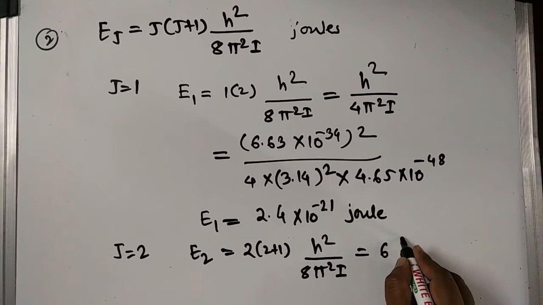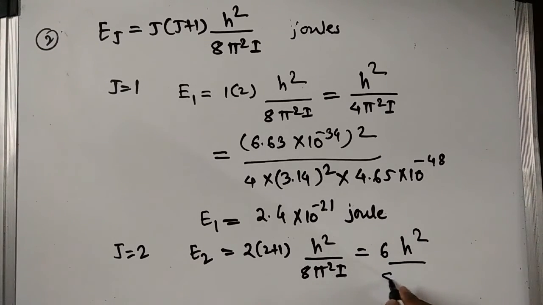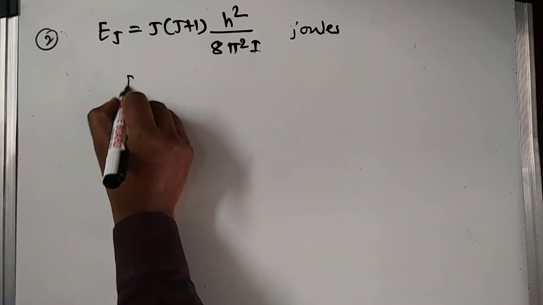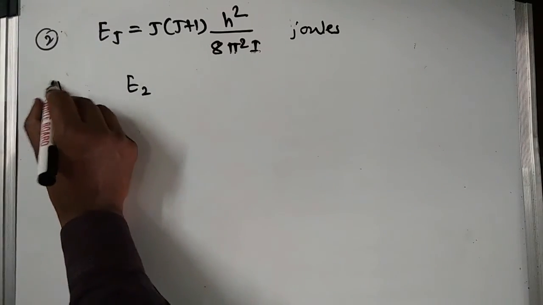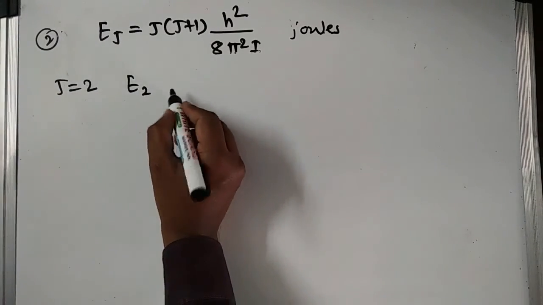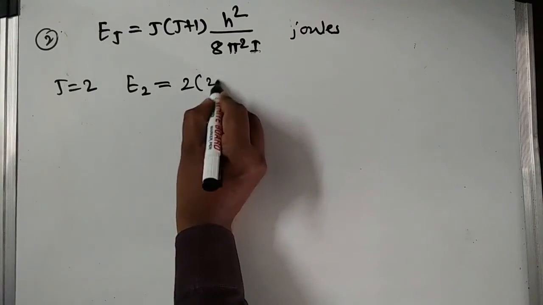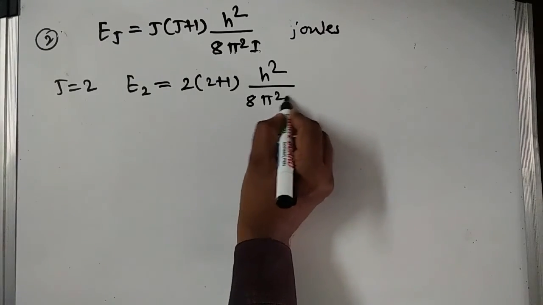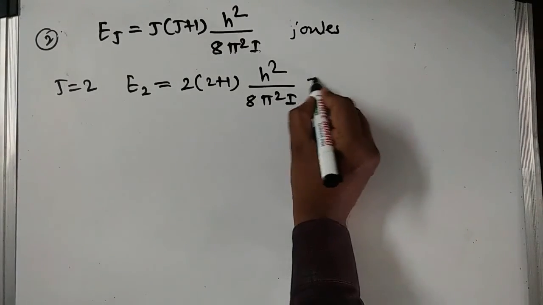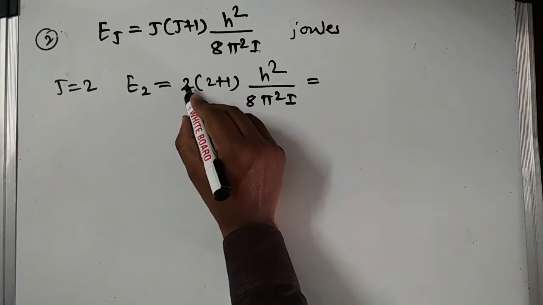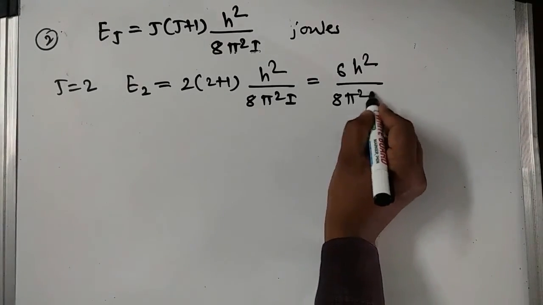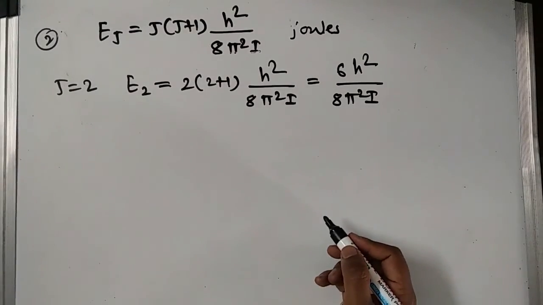So E2, by putting J equal to 2, gives the second rotational energy level, which is equal to 6 h square upon 8 pi square I.